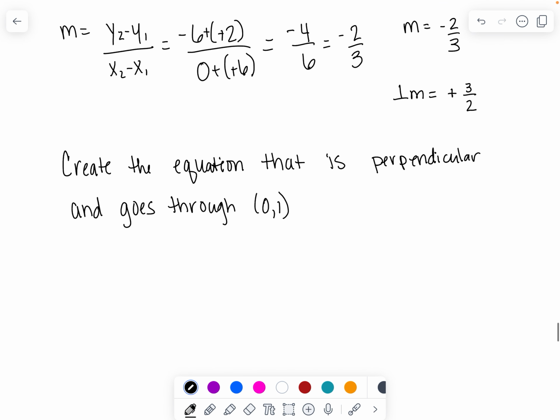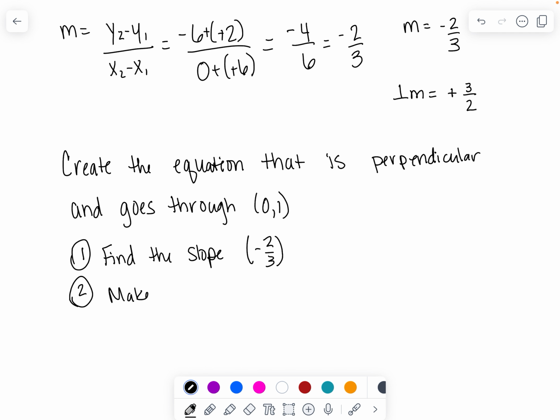Okay? So first, you find the slope, which was negative 2/3. Then make it perpendicular, which is 3/2, which we did.